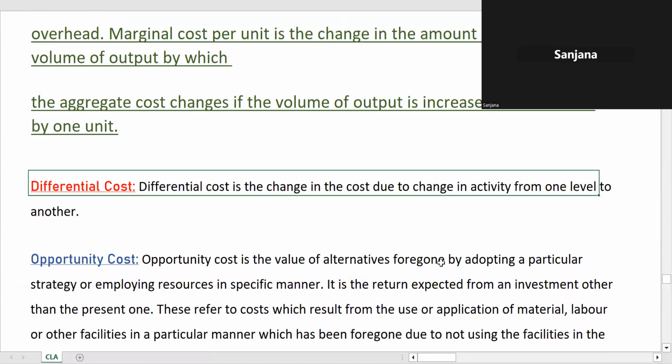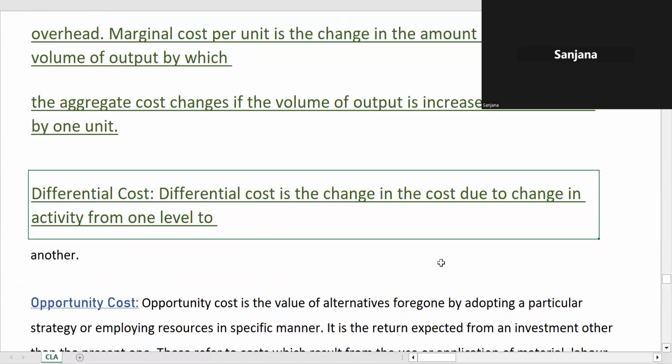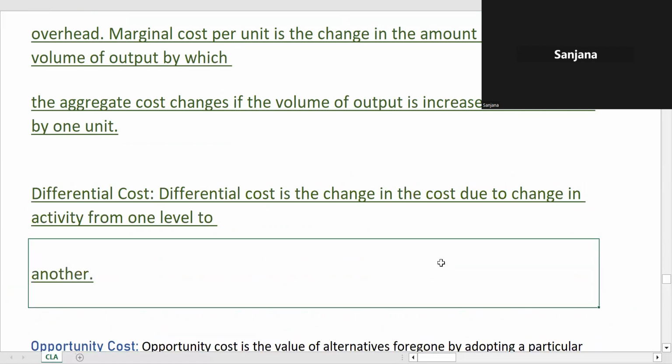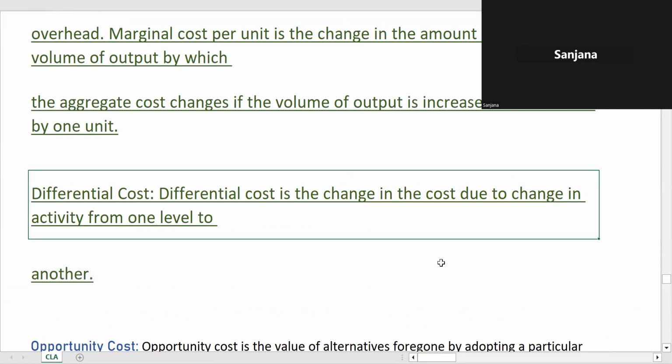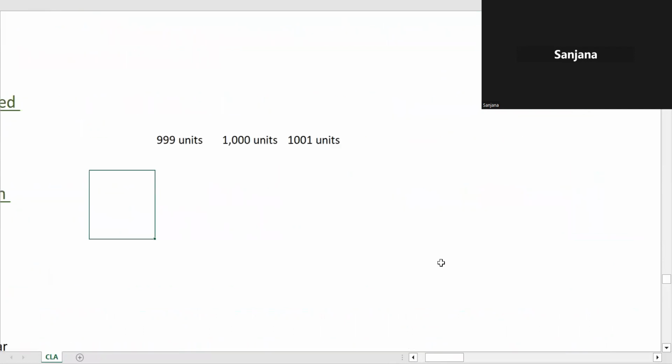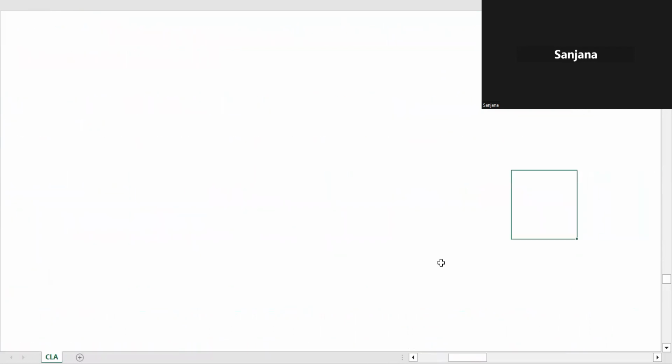Now differential cost: the change in the cost due to change in activity from one level to another. So what is the difference between marginal cost and differential cost, since both change from one level to another? For differential cost, currently I have one alternative, my current operations.